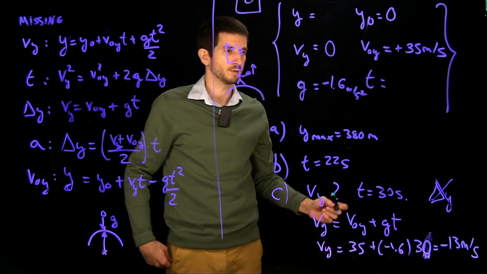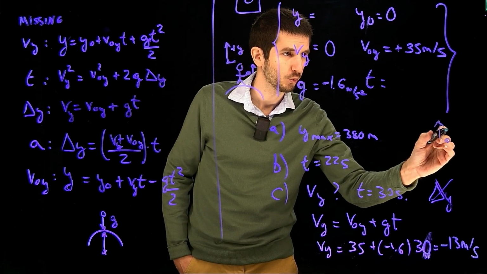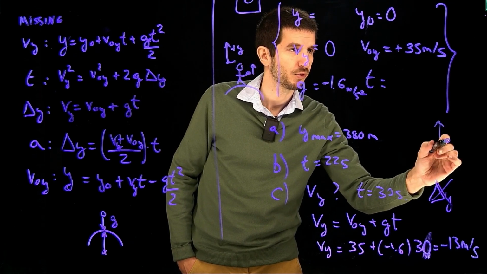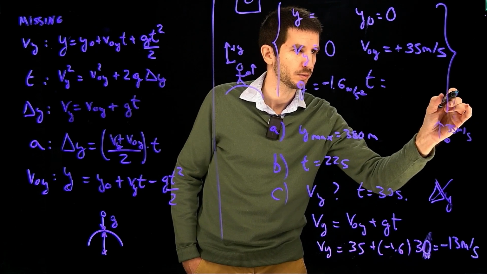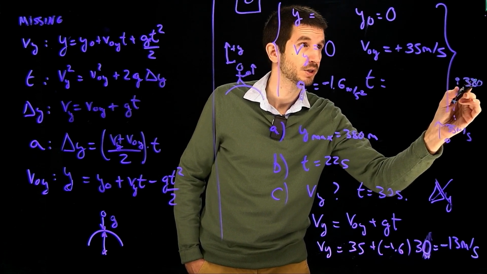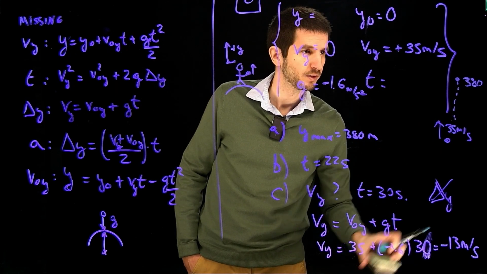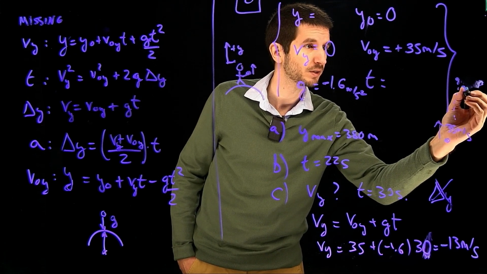So what's going on? We can make a small cartoon here. We throw the ball with 35 meters per second. The object is going to reach a maximum height of 380 meters.